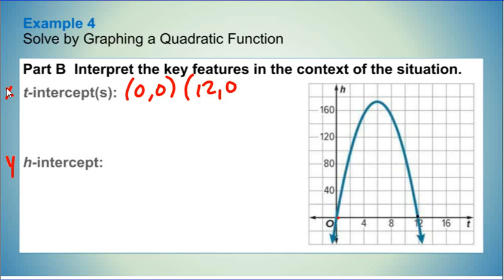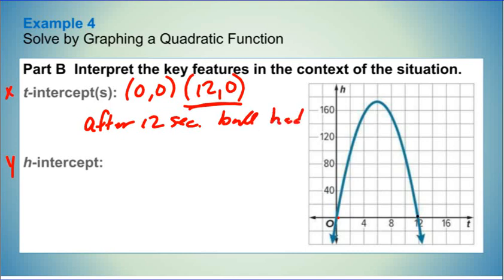It means the height of the ball was 0 meters at 0 seconds and 12 seconds. Really, we're just going to worry about this one: after 12 seconds, the ball had a height of 0 meters.